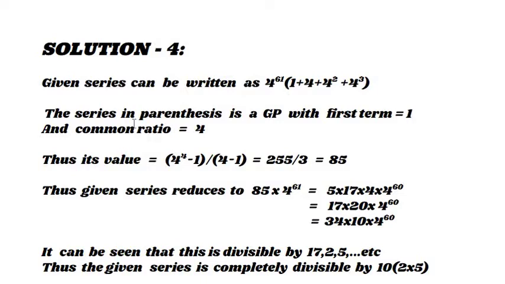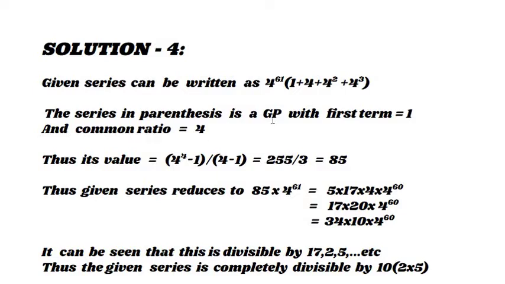Now the series in the parenthesis, that is 1 plus 4 plus 4 square plus 4 cube, is a GP, that is geometric progression, with first term 1 and common ratio equal to 4. If you know what geometric progression is, then well and good, and if you don't know, then don't worry, I will be uploading a video soon, but for now please learn it from other sources.